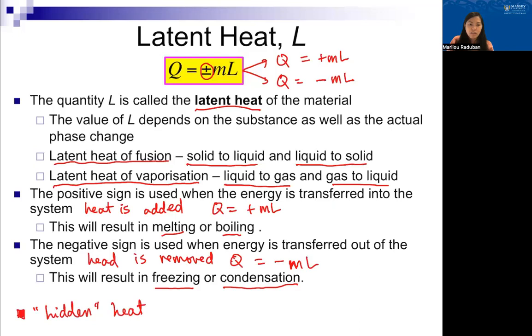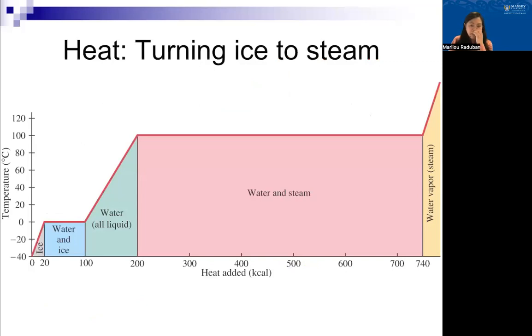So maybe it's easier to understand that concept by looking at it graphically. You have here the graphical representation of the temperature of ice as it goes from ice to water to steam.